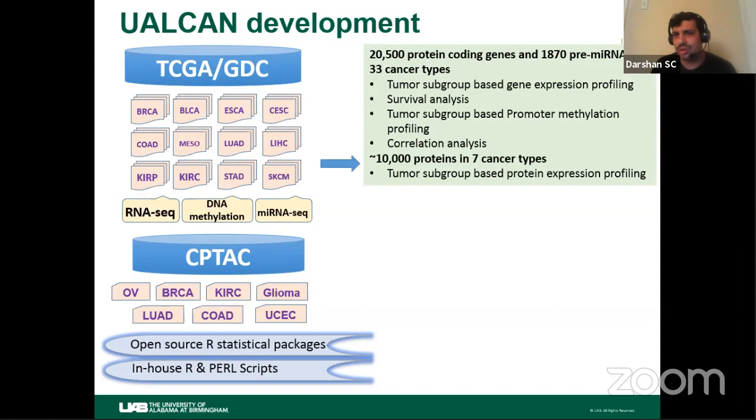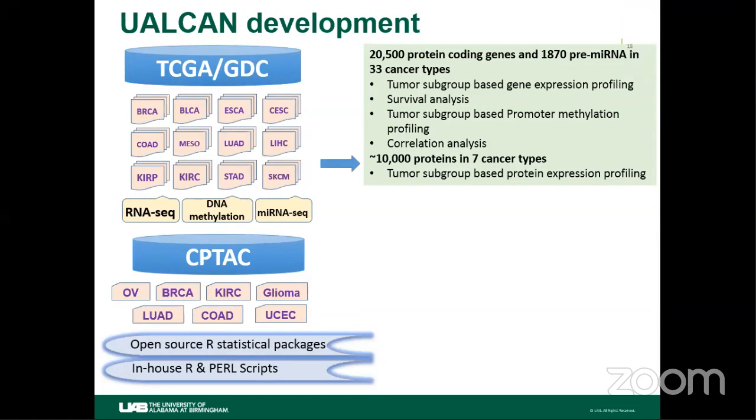For each gene, we now have information in 33 different types of cancers, and the same goes for proteins. The recently acquired data constitutes protein expression information for approximately 10,000 proteins in 7 cancer types. All this information that we gathered and categorized was subjected to statistical analysis using R statistical packages.